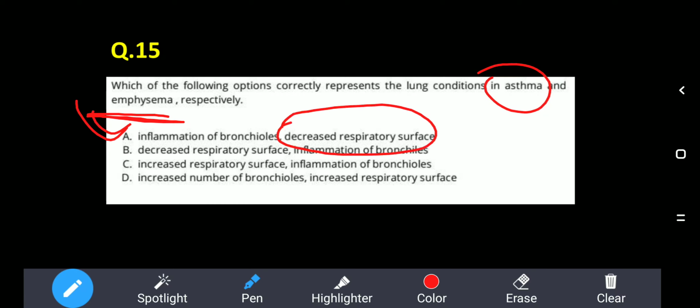Sometimes you have to use your brains as well. When I know it's an inflammatory disease, and I see the option here, inflammatory, and there is no option matching it, because I'm talking about asthma, the correct option, the first one, is given. So asthma is inflammation of bronchioles, and emphysema is decreased respiratory surface.